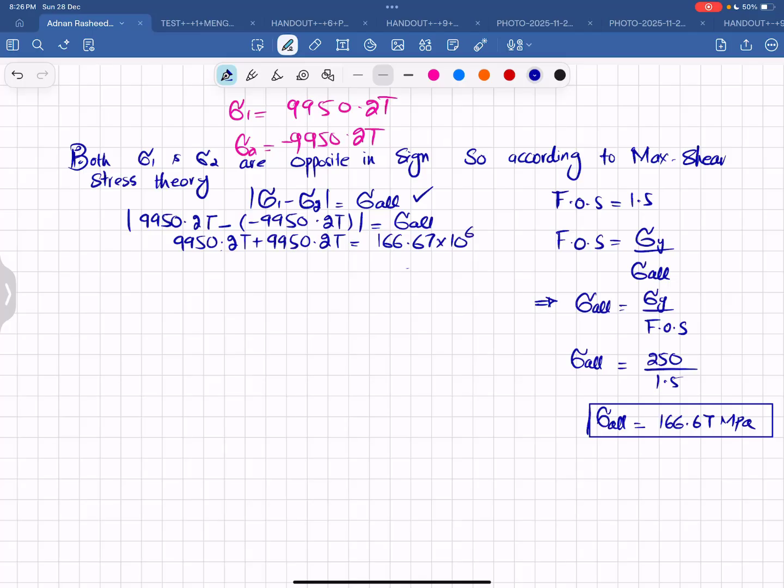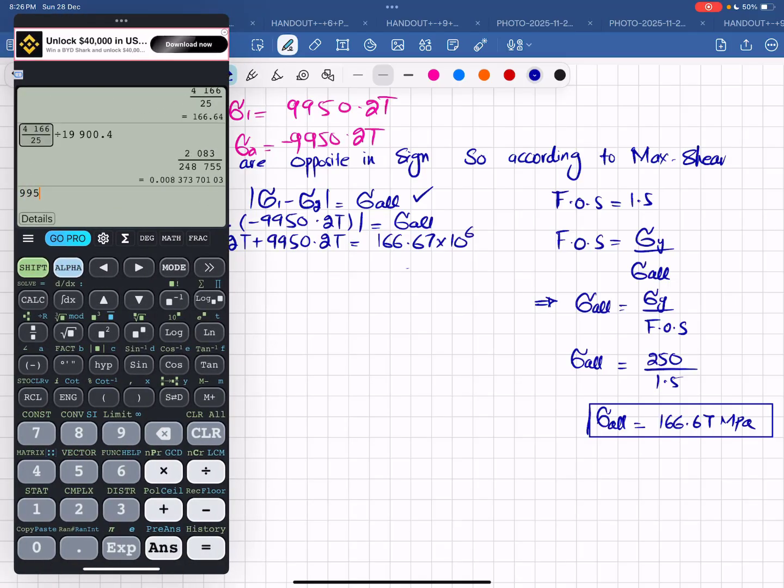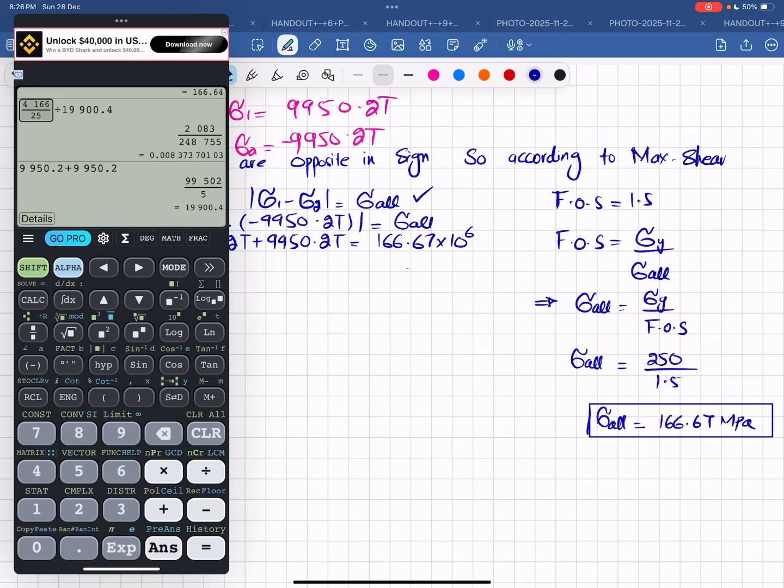9950.2 plus 9950.2 is actually 19900.4, so 19900.4 t will be equal to 166.67 into 10 raised to power 6.